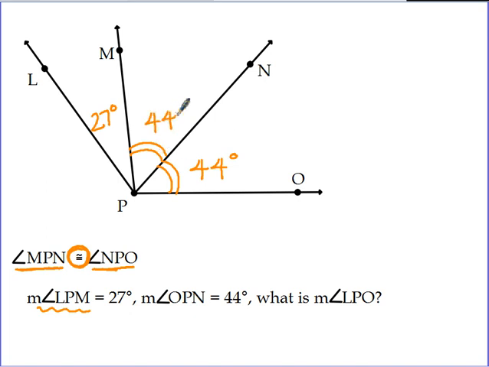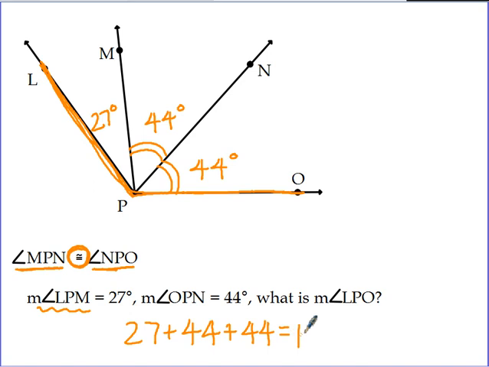And now they ask me to find LPO, which is the whole thing. So I'm just going to add all three angles together. 27 plus 44 plus 44 gives me 115 degrees as my final answer.